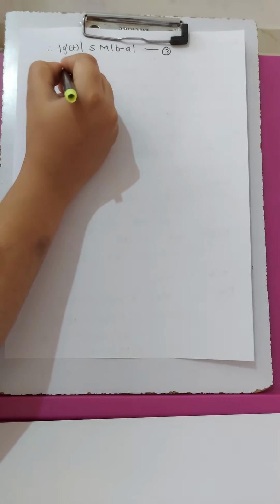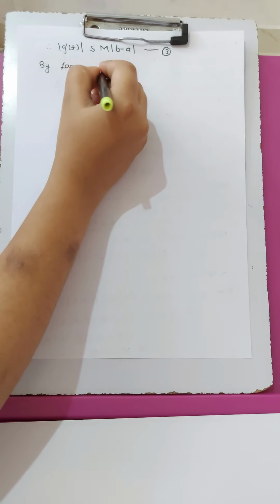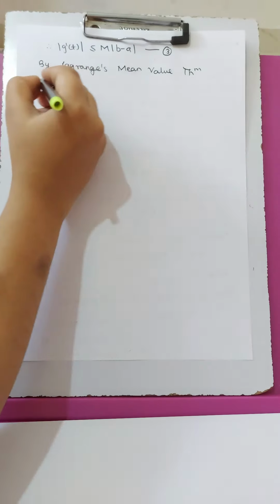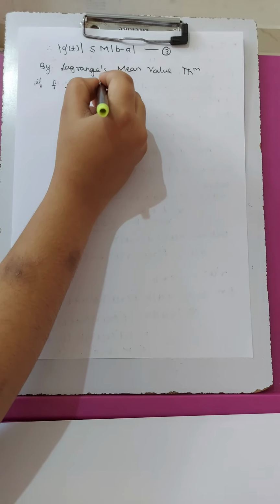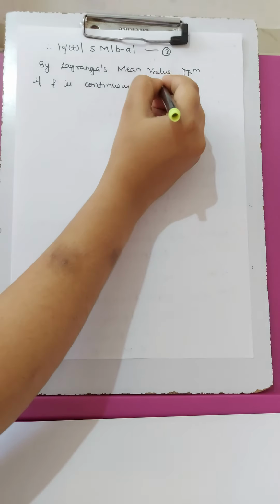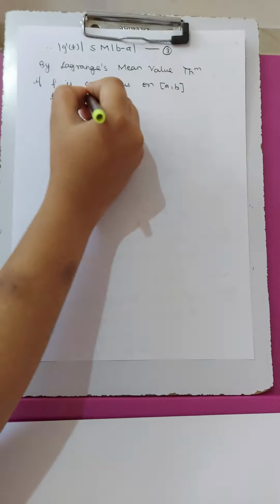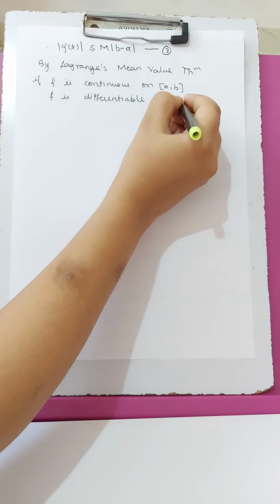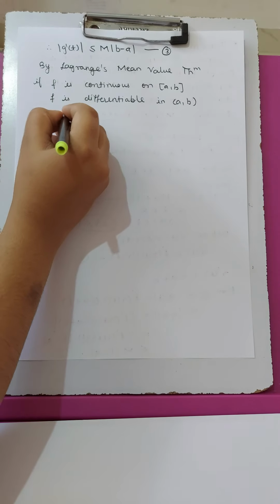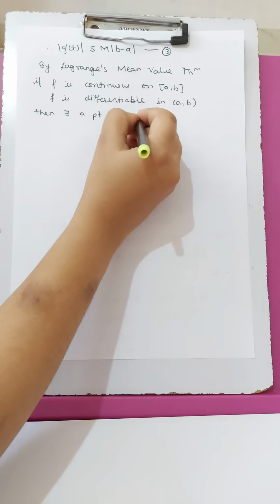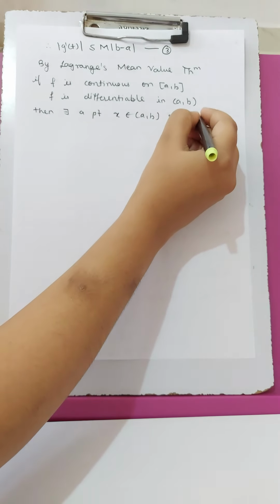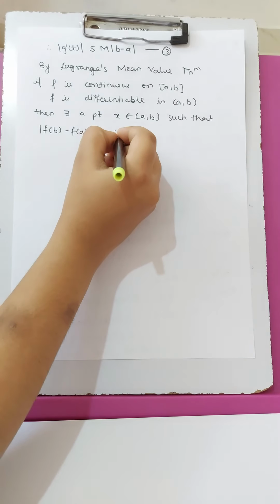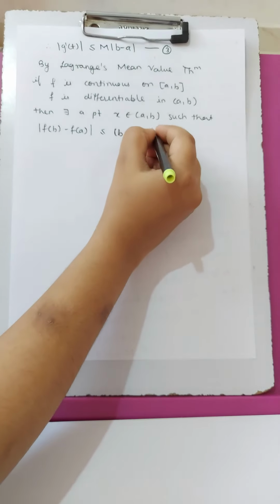So now by Lagrange mean value theorem, if f is continuous on [a,b] and f is differentiable in the open interval (a,b), then there exists a point, say x, belonging to the interval (a,b) such that mod of f(b) minus f(a) is less than or equal to (b minus a) mod of f'(x).